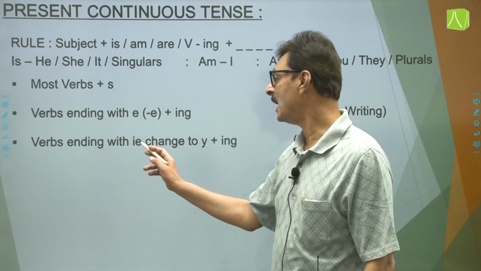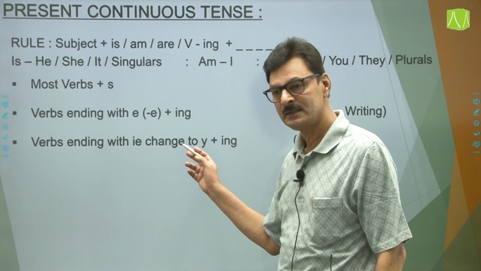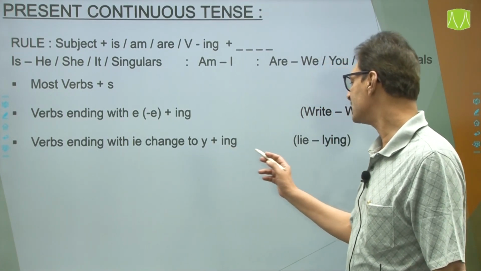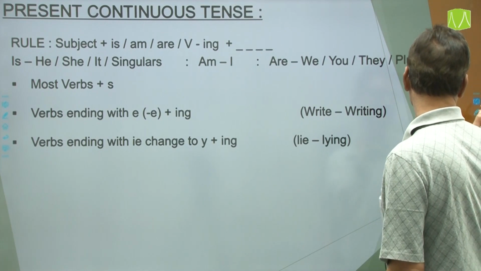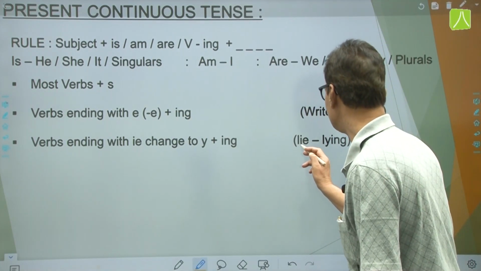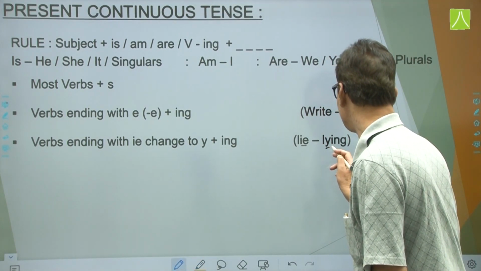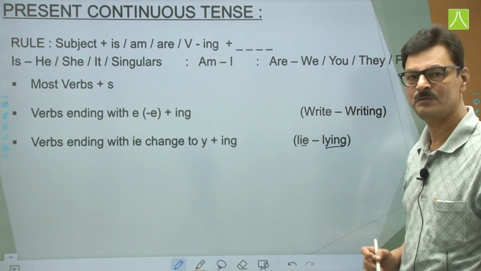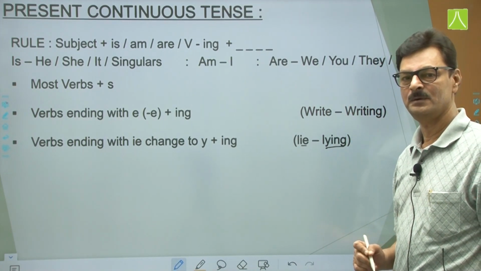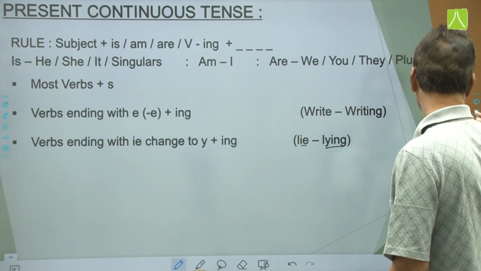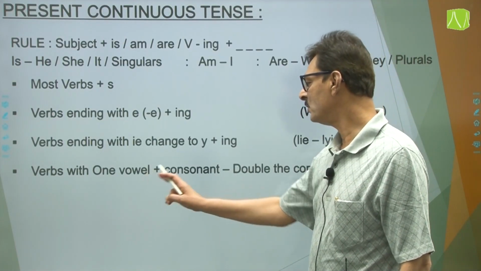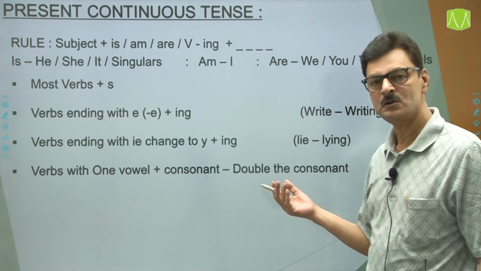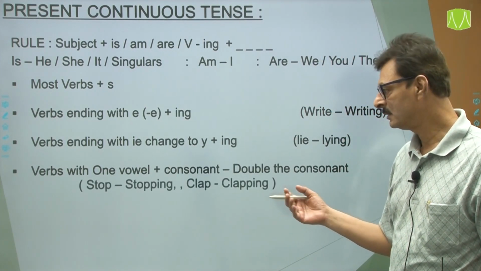Now verbs ending with ie change to y plus ing, that is lie and lying. I hope you are understanding what I am trying to tell you. ie will change into y plus ing form of the verb. Clear? Verbs with one vowel plus consonant, in that the consonant is doubled.